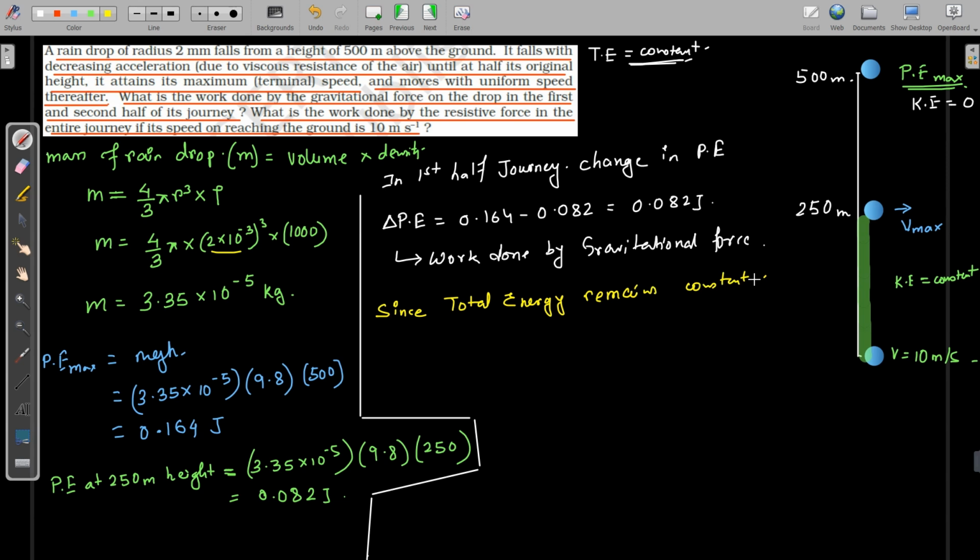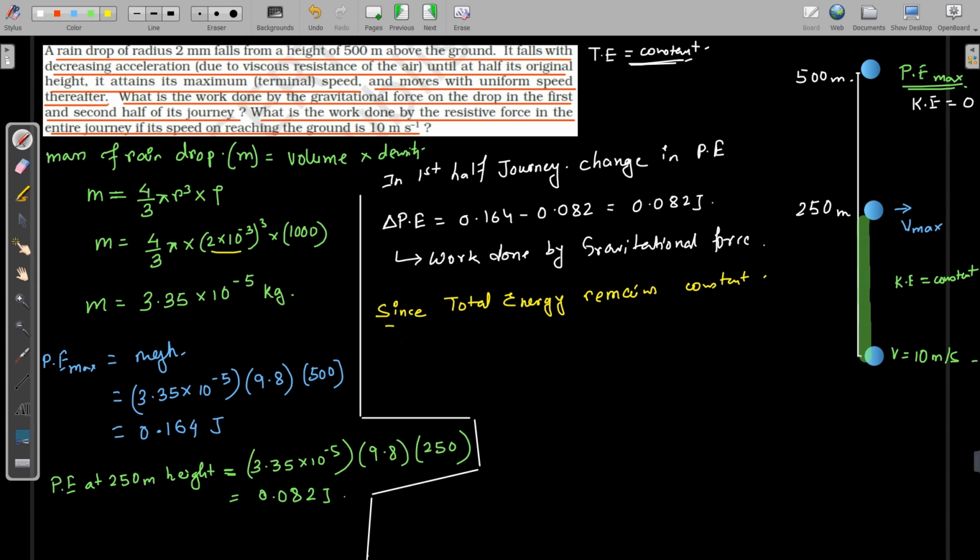So what I can understand is the resistive force always tries to decrease your energy, right? So it does negative work, or in other words, I can say the resistive force does negative work.